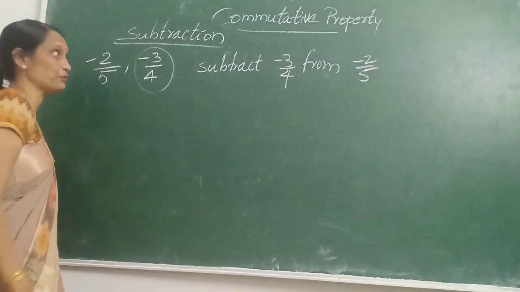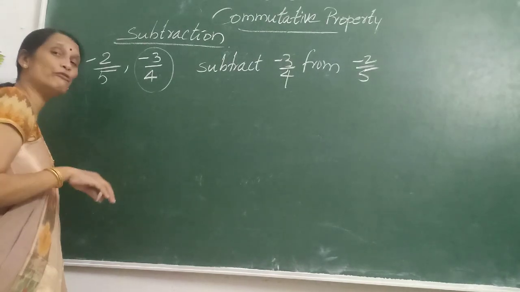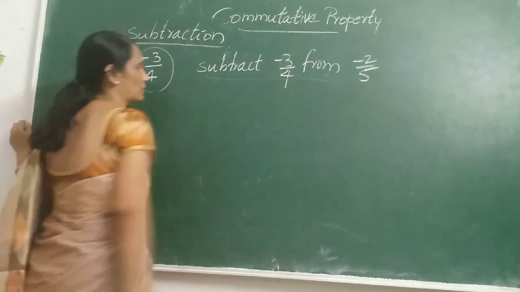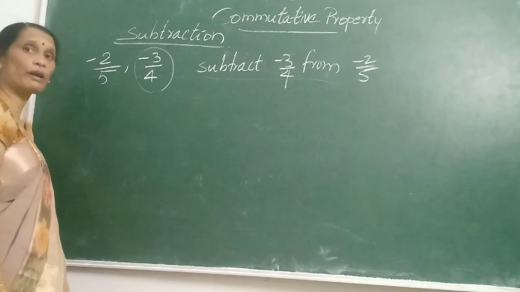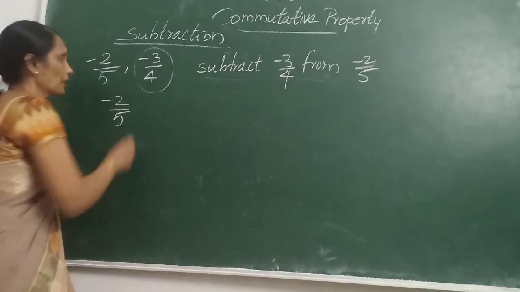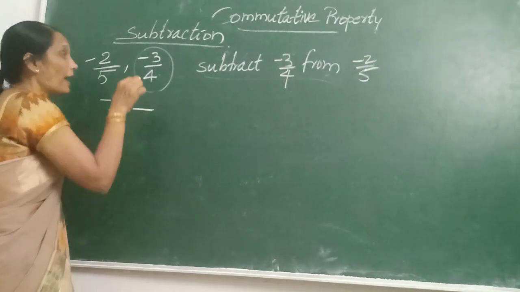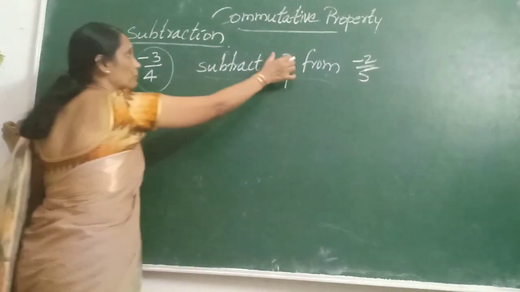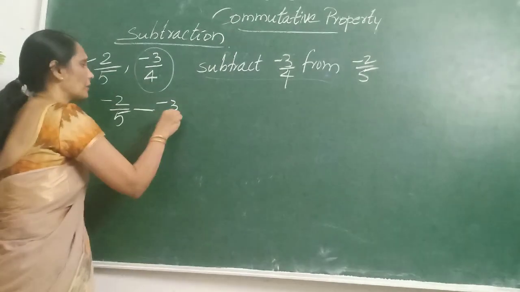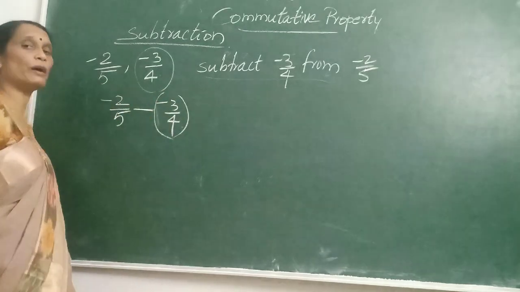After that we have to check subtracting minus 2 by 5 from minus 3 by 4. First let us see this. Subtract minus 3 by 4 from minus 2 by 5. That means minus 2 by 5 minus, this is the subtraction symbol, minus the number minus 3 by 4. You have to subtract minus 3 by 4 from minus 2 by 5.